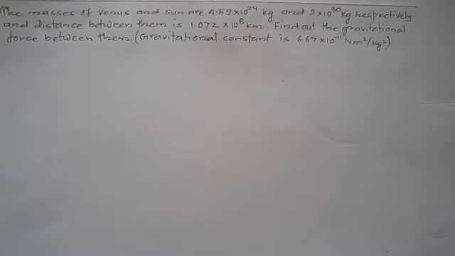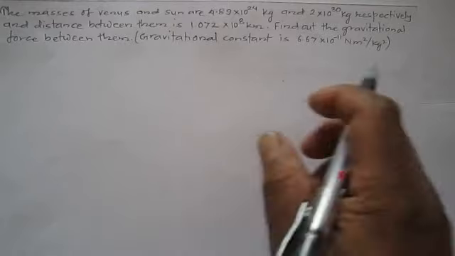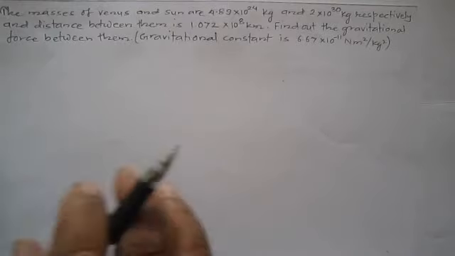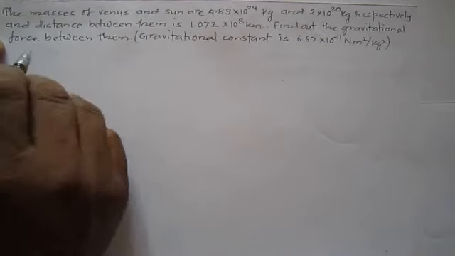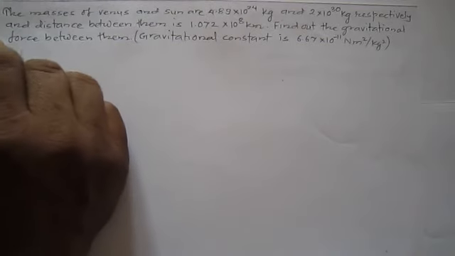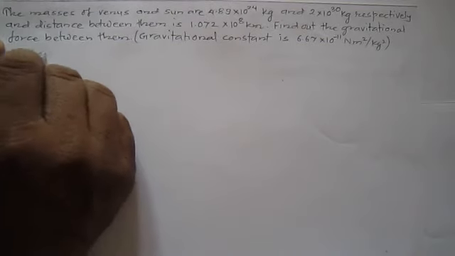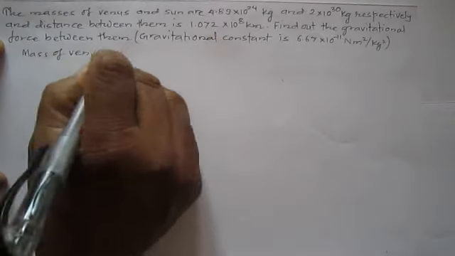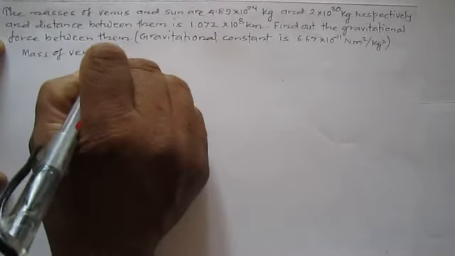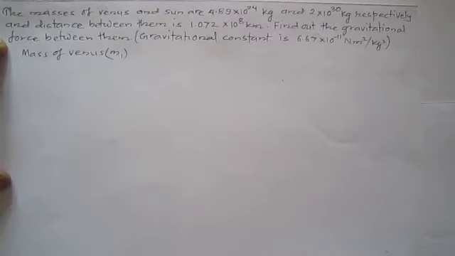To solve this problem, at first I want to convert this language into mathematical form. I mean to say, I want to write the given information. First, the mass of Venus is given. The mass of Venus is denoted by m1. One of the masses will be denoted by m1, another mass will be denoted by m2.